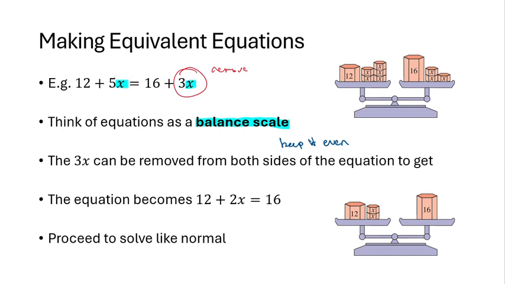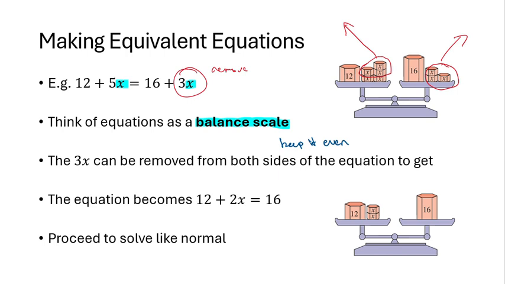So we want the scale to be at the same level even after we make changes to the equation. If I'm going to take three of these out, and I plan on keeping this balance, then I should also take three out from the left hand side as well. And all I'm left with is two x's.